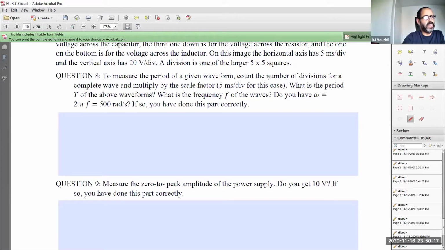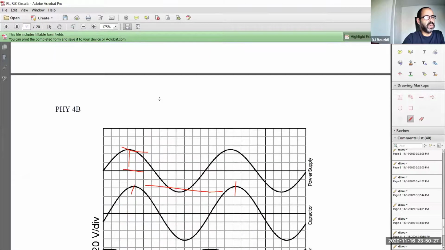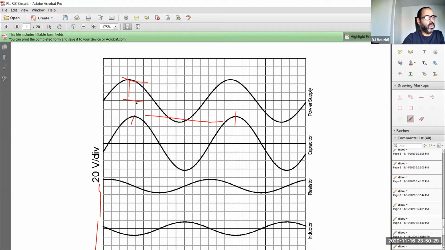To measure the period, count the number of divisions for a complete wave and multiply it by the factor, which is 5 milliseconds per division. And what is the period T? So you're going to find how many divisions there are in here, how many small ones in there. You can use a ruler for it if you wish, okay? Once you find T, remember omega is equal to, what is it? 2 pi over T, okay?